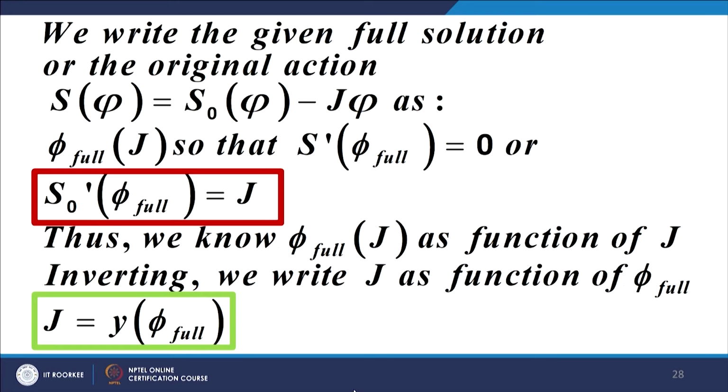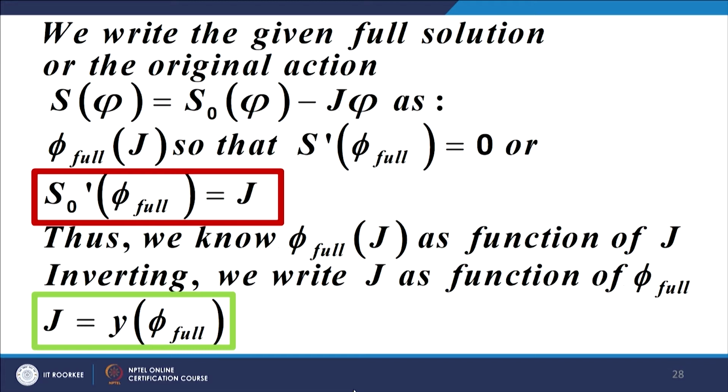So, we write the original action as S[φ] equal to S0[φ] minus Jφ, where S0 is equal to the standard 1/2 μ φ² in the case of φ⁴ theory, plus 1/24 λ φ⁴.